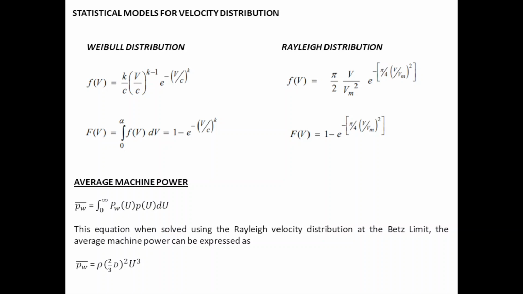One is your Weibull distribution, and another is your Rayleigh distribution. Based on these two probability distribution models, we will be able to calculate the average wind speed of that particular location at that particular time or that particular day.